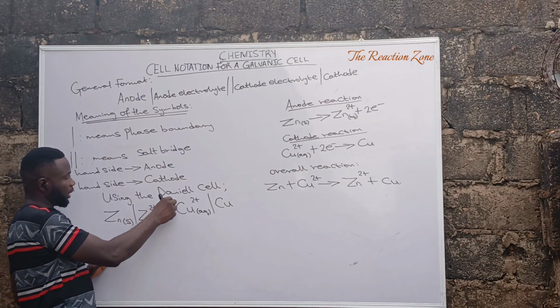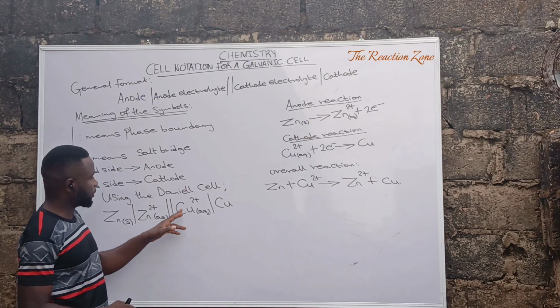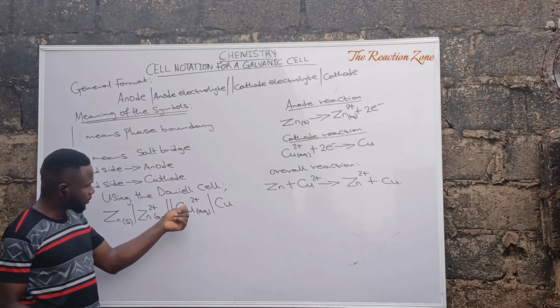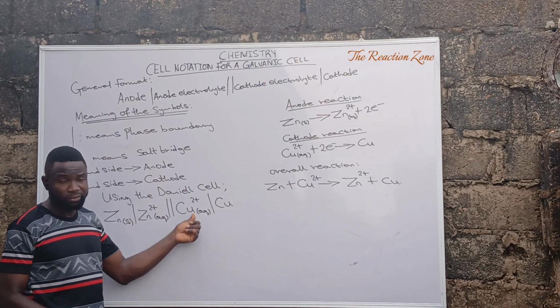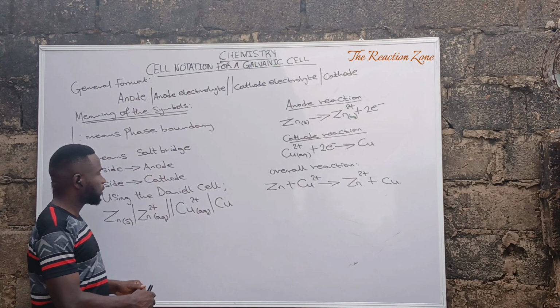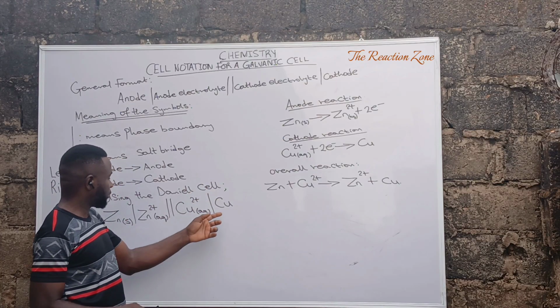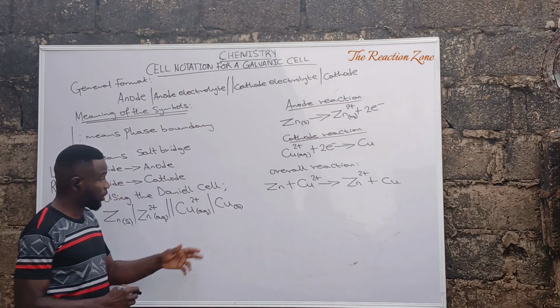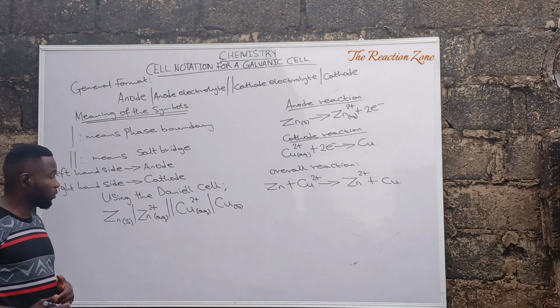And this is followed by the salt bridge, and Cu2+ here represents the electrolyte for the cathode half cell, which is CuSO4. And then you have another phase boundary here, and this copper that is here represents the copper rod.